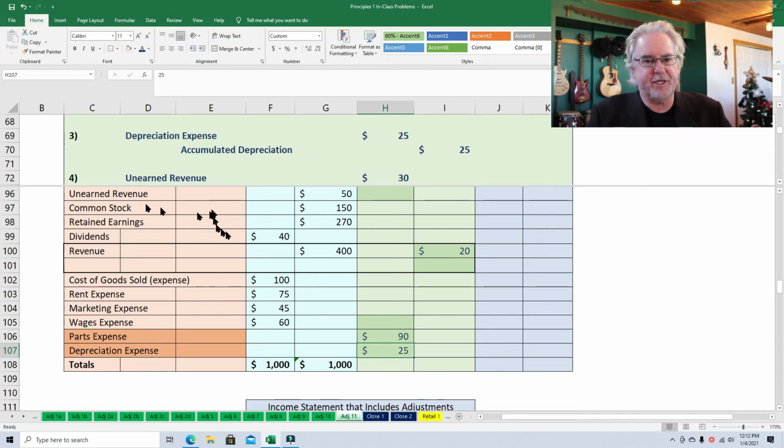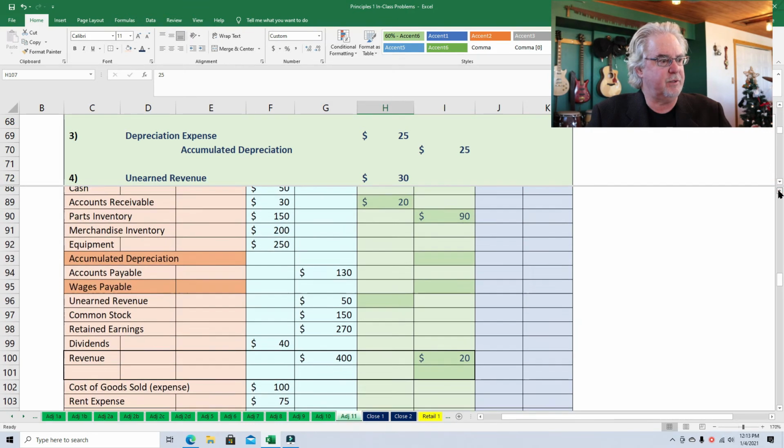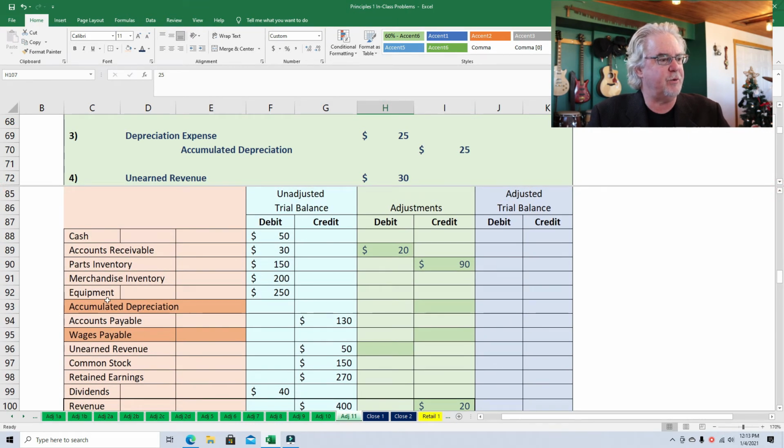Accumulated depreciation, I had to add that account also. Here we go. Accumulated depreciation, and I put it right under equipment here. And I've got it highlighted in this dark salmon color because I had to add it. You know, whenever you have to add an account, just add it. No big deal. So this $25 credit is going to go right into that spot right there.